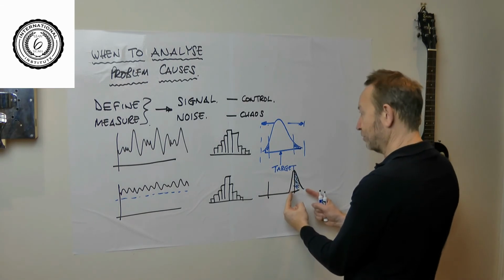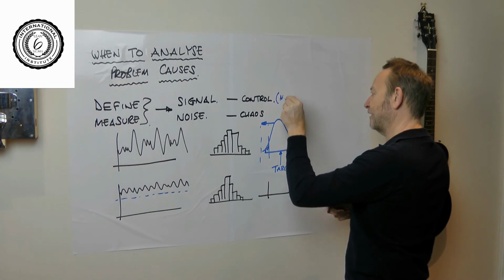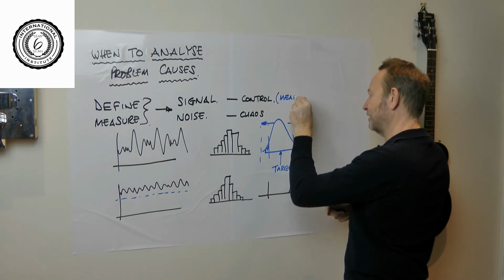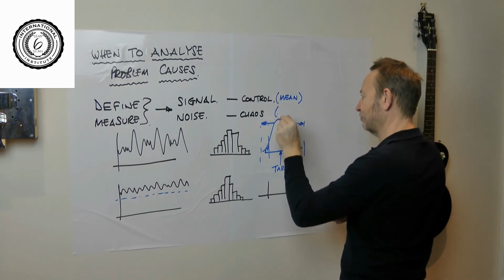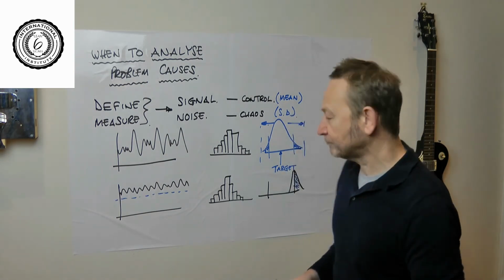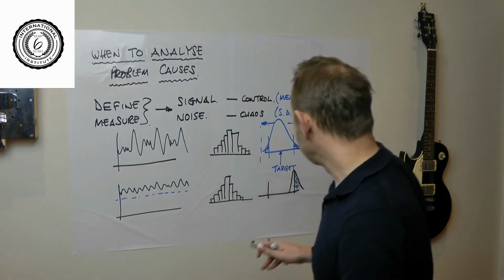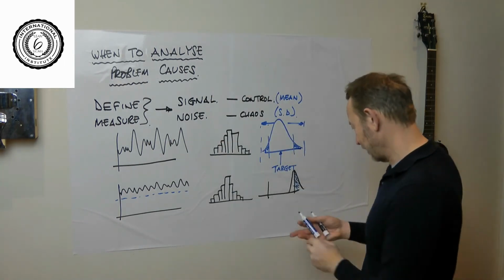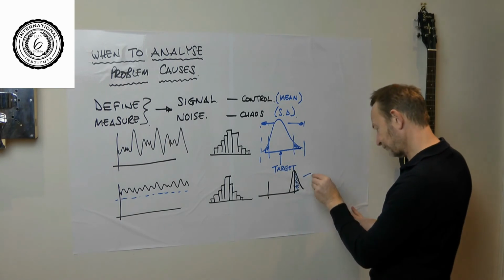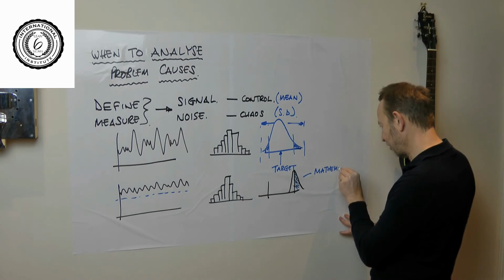We're not centered. The signal is about moving the average, moving the mean. The chaos is about changing the standard deviation. And those two techniques are very different. If you're trying to move the signal, this technique, to understand this potentially, is going to be quite mathematical.